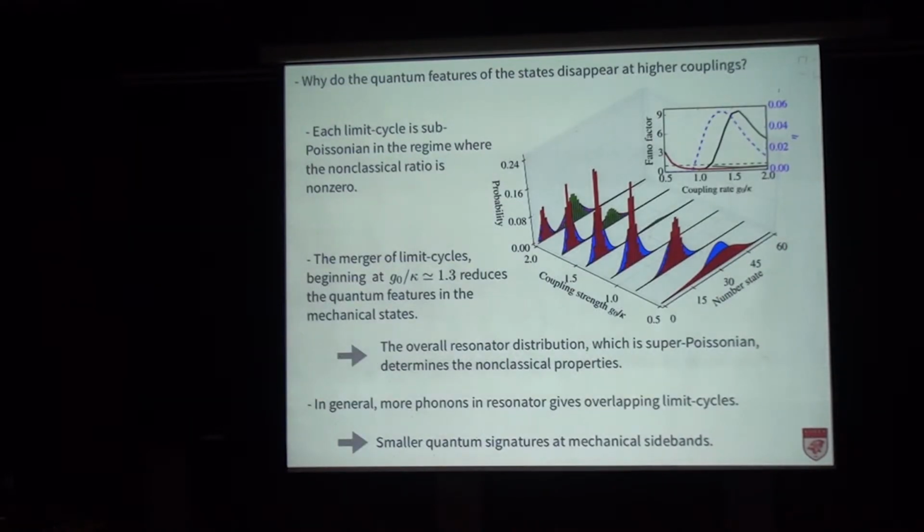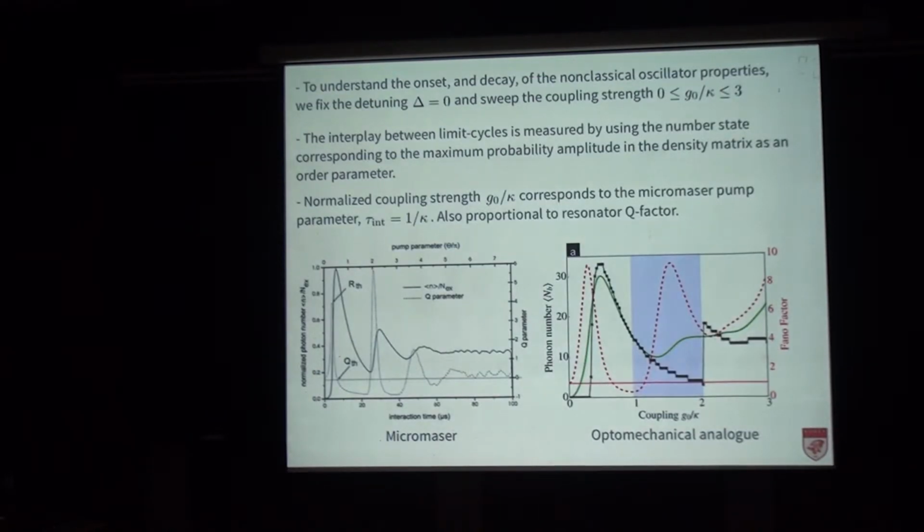Excuse me. What is the frequency difference between the mechanical, your mirror oscillation frequency, and the photon frequency? Oh, the photon frequency is in practice much higher. Usually the mechanical degrees of freedom, at least for systems I deal with, are around 10 megahertz, and your optical cavity can be even gigahertz.